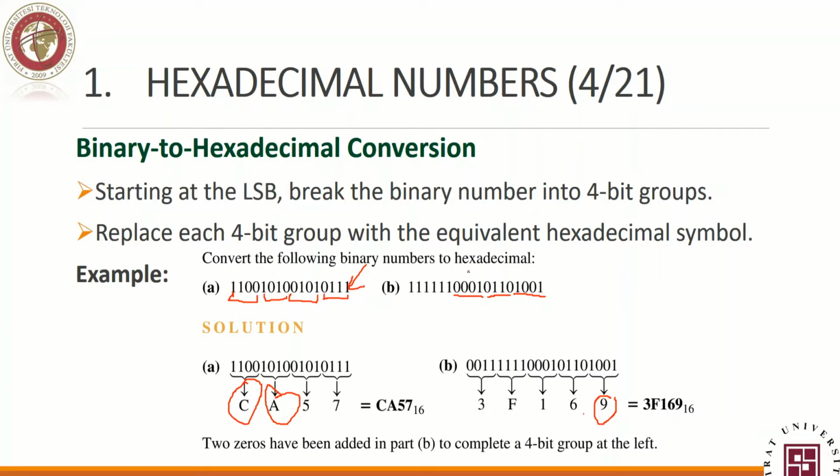We don't have 8, we don't have 4, we don't have 2, we have 1, so it is 1, the way it is. How about this? We have all the numbers. We have 8, 4, 2, 1, that is F. So 1, 1, 1, 1 is F directly, is 15. 8 plus 4, that's 12, plus 2, 14, plus 1 is 15. 15 is F.